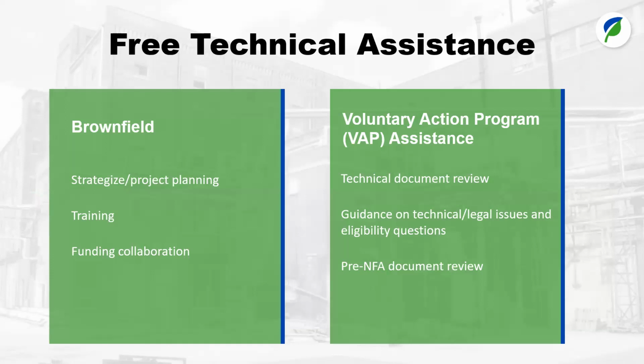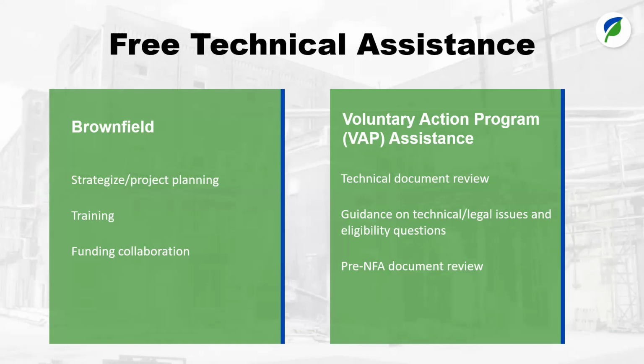We provide free technical assistance to brownfields, so people can call us or we'll have meetings, and we do workshops like the one today. Throughout the year, we have other training. And we have discussions with other brownfield assistance programs across the state.